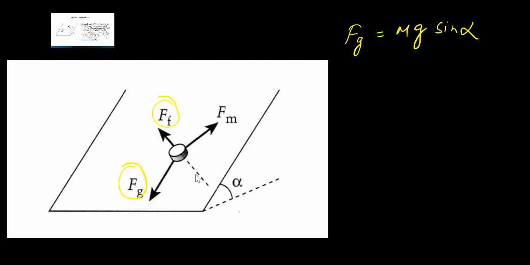I have assumed this direction, so the force is acting in this direction, and its value will be obviously mu mg cos alpha. And the magnetic force will be directed perpendicular to the friction force and perpendicular to the velocity.